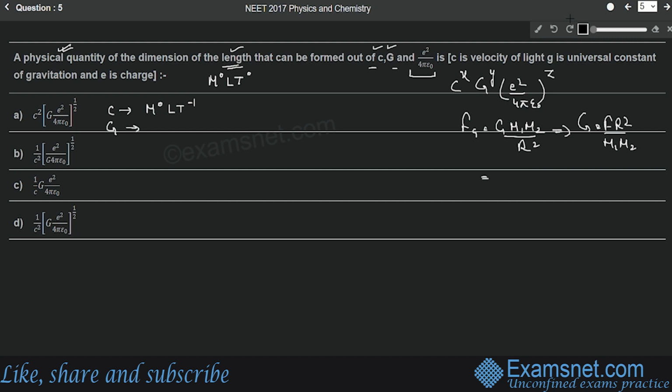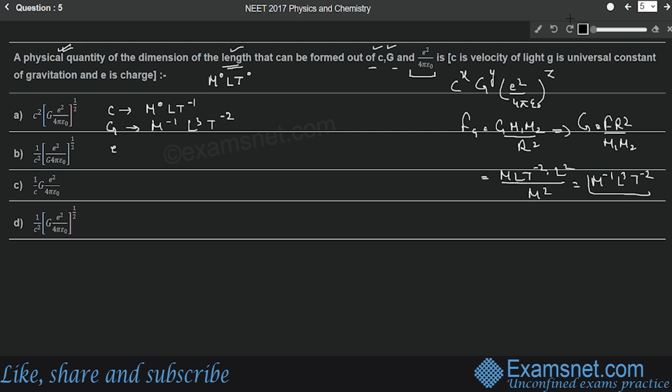It will be equal to dimension of force, that is m l t minus 2, into dimension of r squared, that is L2, upon dimension of m1 m2, that is m square. Okay, so it will be m minus 1 L 3 and t minus 2. Okay, so this is the dimension of G. So let's write it down here, m minus 1 L 3 t minus 2.